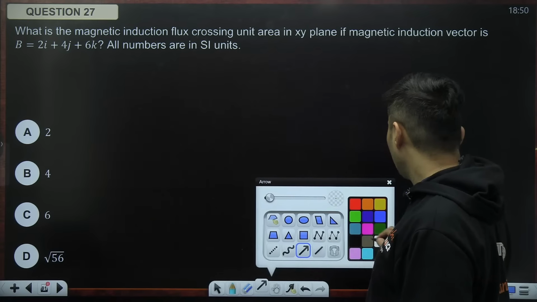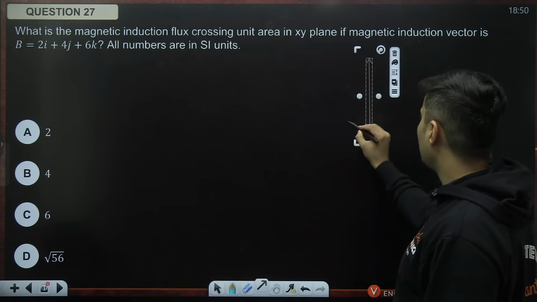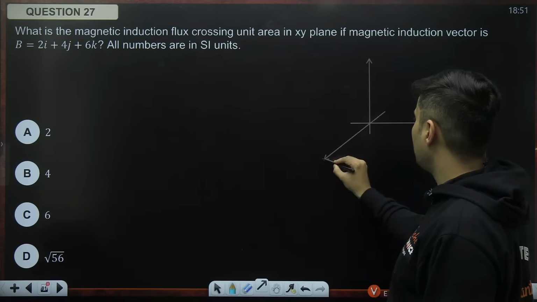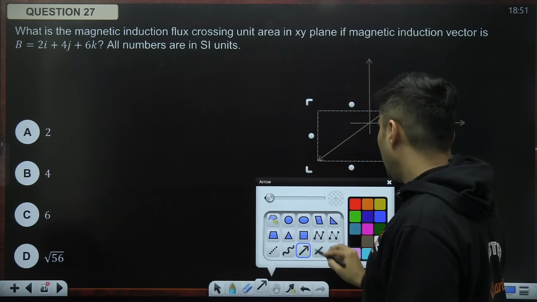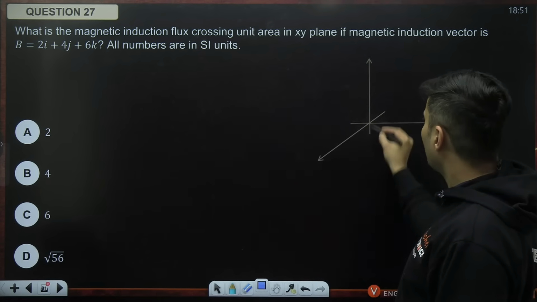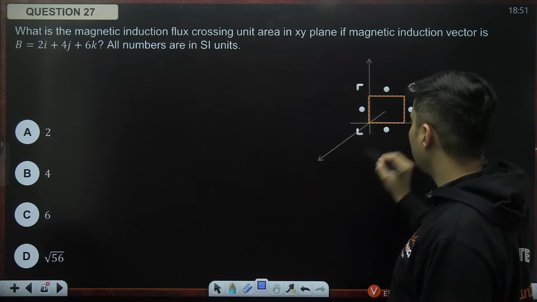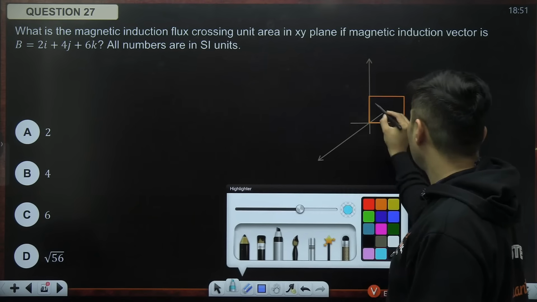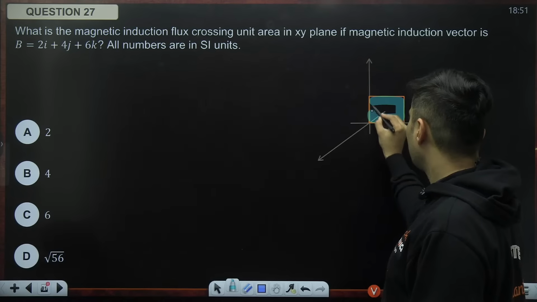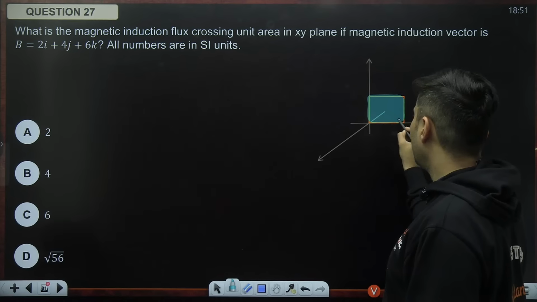Okay, so if you're talking about, this is y-axis, this is x-axis, this is z-axis, and we are talking about a unit area in the xy plane. So this is that area, this is that unit area which you can think.